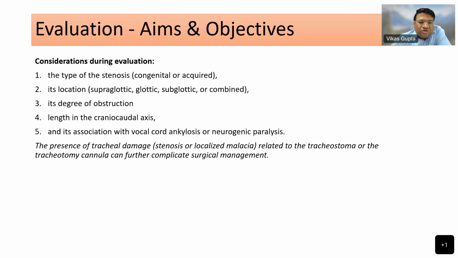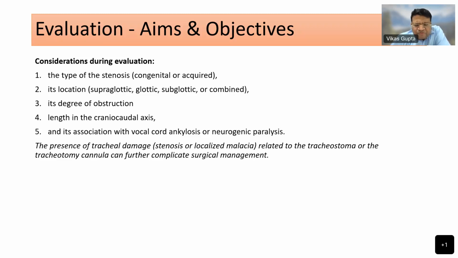For upper airway stenosis, our objective is that we need to know the type of stenosis, whether it is congenital or acquired. Where is it located? Whether it is supraglottic, glottic, subglottic, purely tracheal, or combined. It may happen that a patient has subglottic stenosis along with glottic insufficiency, where the scar tissue has gone up to the glottis also.